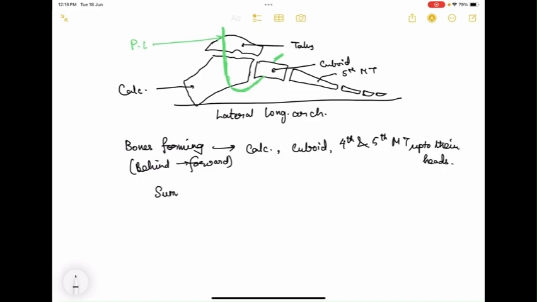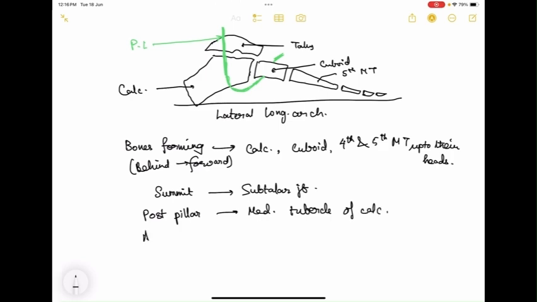Summit, subtalar joint. Posterior pillar, medial tubercle of calcaneus. Anterior pillar, heads of 4th and 5th metatarsal.